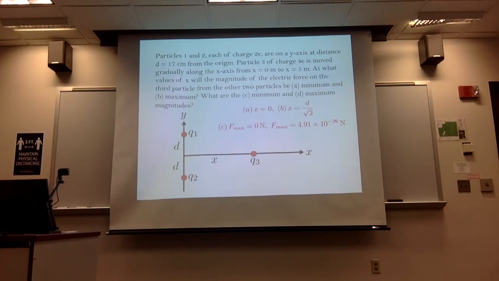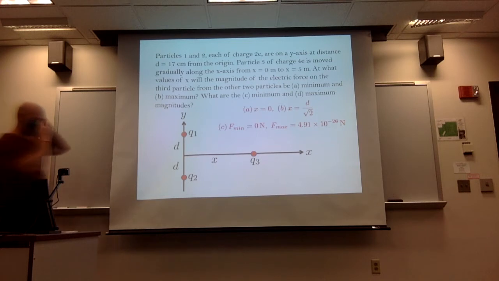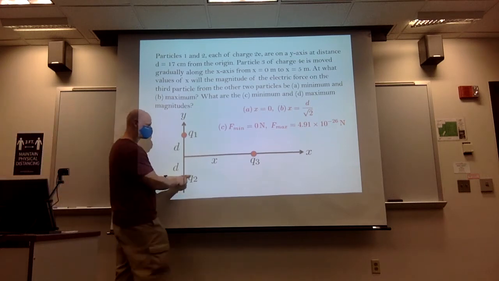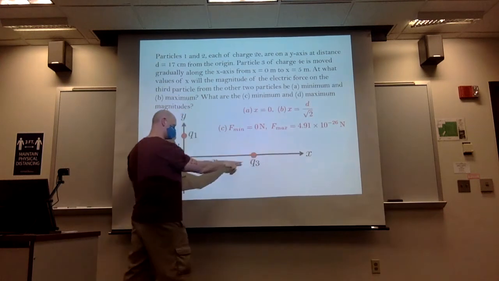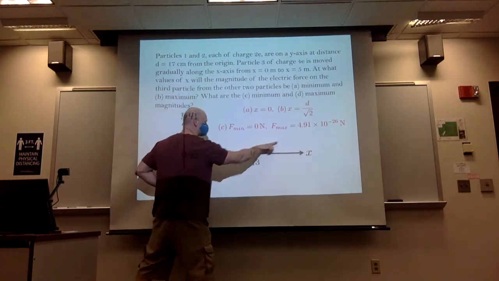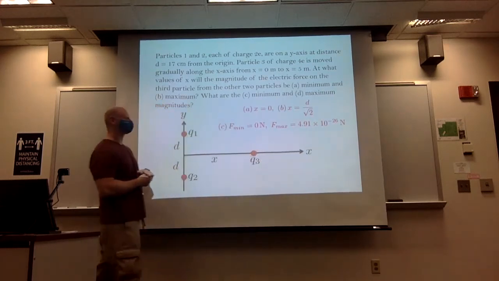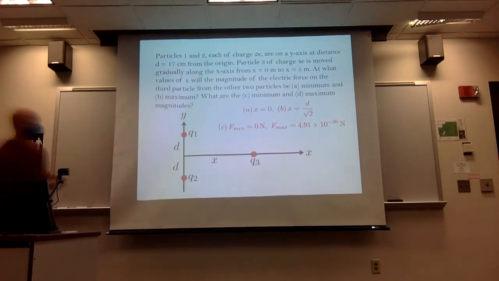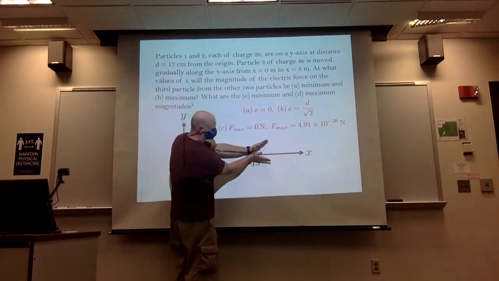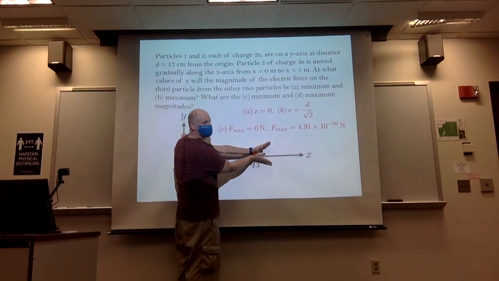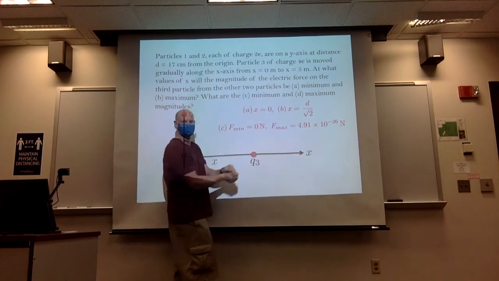Okay. So let's think about what's happening here. This one is applying a force onto it in this direction, because they're both positive charges, so it's going to be a repulsive force this way. This one's going to apply a force in this direction, which will also be repulsive since they're positive. So I have one vector pointing off in this direction, one vector pointing off in this direction. But what can you tell me about the vertical components of this force?